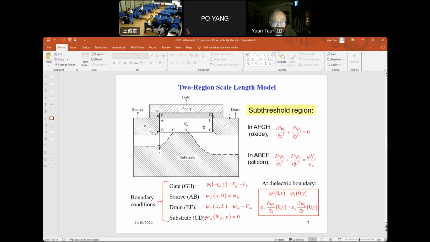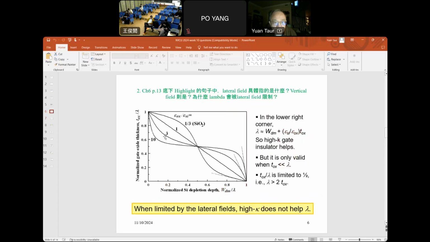If it's one region, then lambda is given by the height of this rectangle, basically WD plus Tox. But if dielectric constants are different, like SiO2, then if this is a factor of 3, for example, for SiO2, this is WD plus 3Tox, which makes the scale length larger than the physical dimension because the permittivity of oxide is smaller.